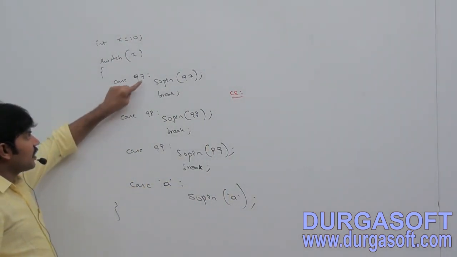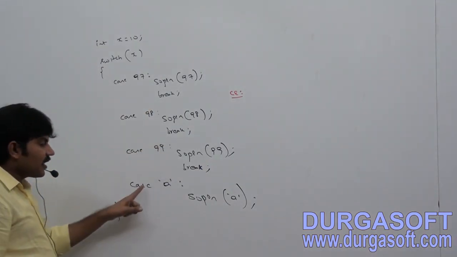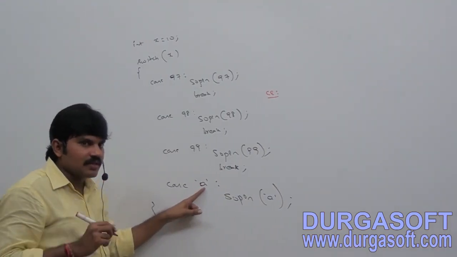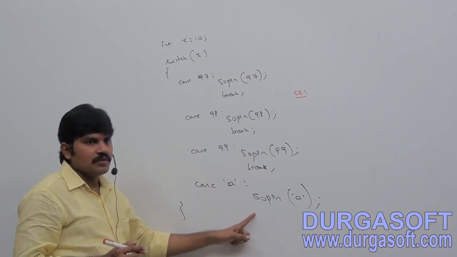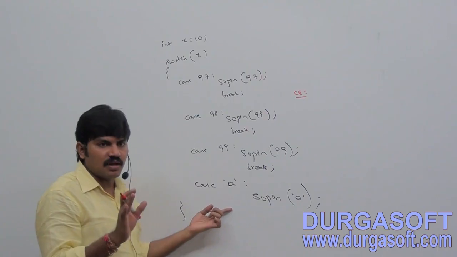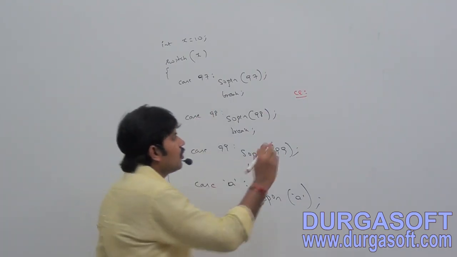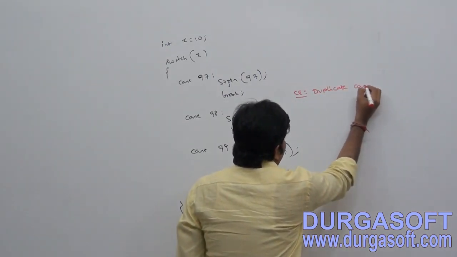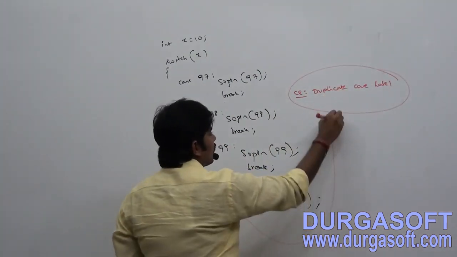Sir, 97, 98, 99, no problem. But case 'a'. 'a' means what? 97. Sir, already case 97 you took. Then how can you take case 97 again? Which case is required to execute is always a problem. That's why duplicate case labels are not allowed. Duplicate case label is a compile-time error.